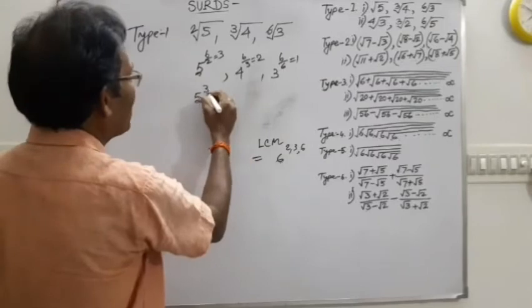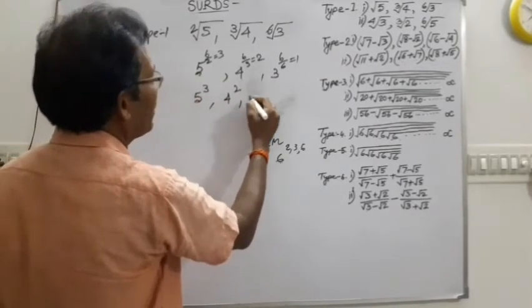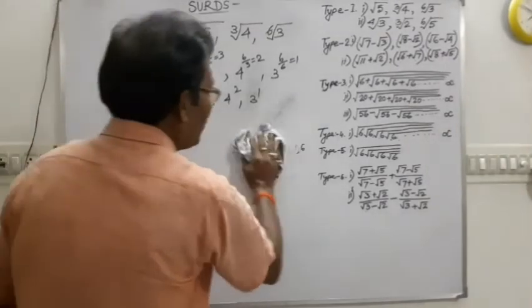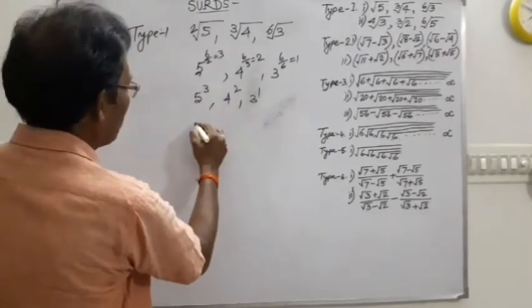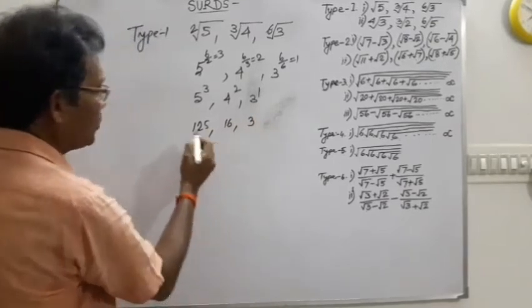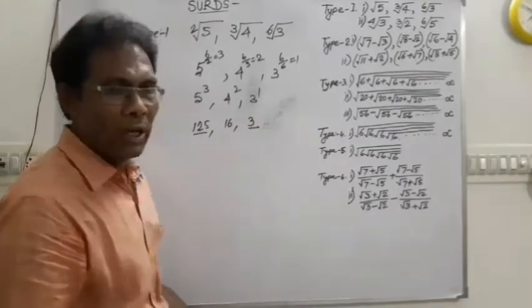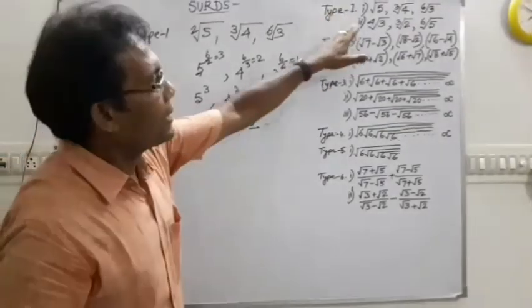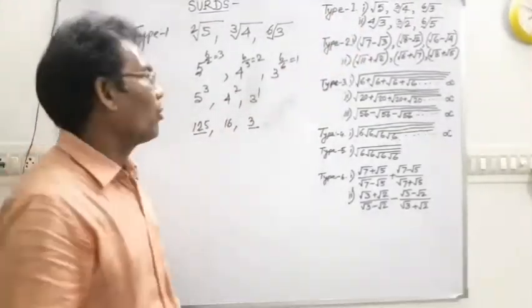So, 5 to the power 3, 4 to the power 2 and 3 to the power 1. Easily we can find the values, that is 125, 16 and 3. So this is the biggest and this is the smallest.